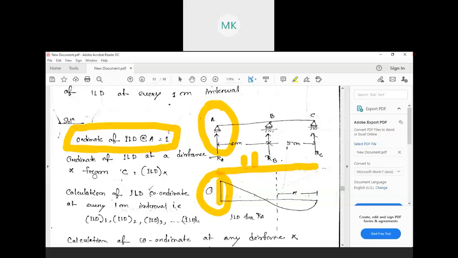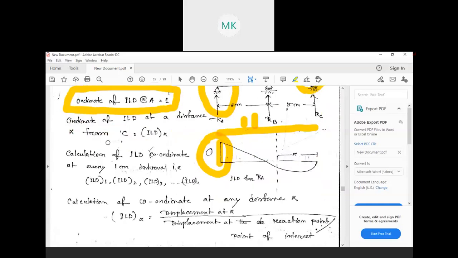The ordinate of ILD at a distance x from C: we are coming from C to A, and since we have decided that at RA the value is 1, we will find the coordinate at every 1 meter interval from C to A. At any distance x from C, it will be ILD x. So the calculation of ILD coordinates at every 1 meter interval is ILD 1 to ILD 11. We need to find these 11 coordinates.